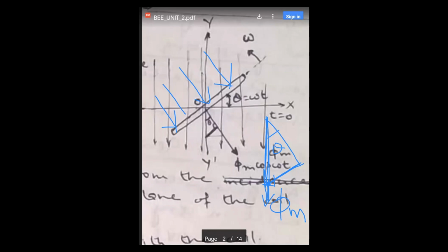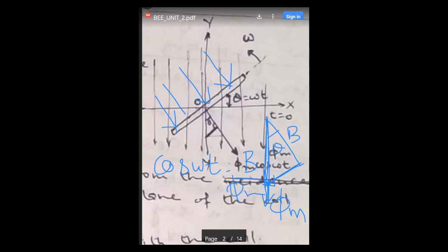Now cos theta, or cos omega t, is this base upon hypotenuse. The hypotenuse is this phi m, so we will get the base.